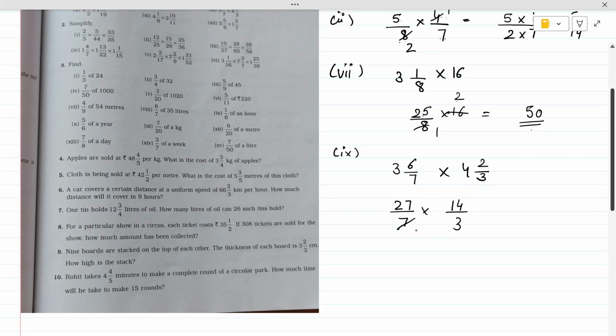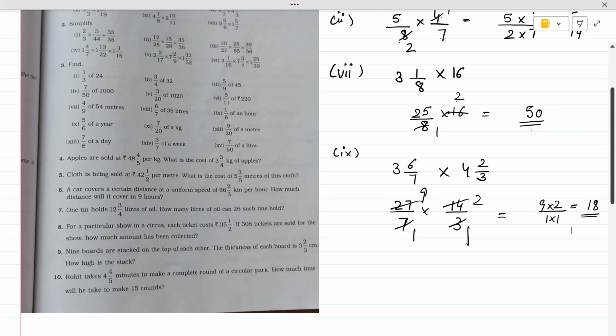So now we have these two as normal fractions. Now let us multiply them. 7 into 1 is 7, 7 into 2 is 14, 3 into 1 and 3 into 9. So in the numerator we have 9 into 2, in the denominator we have 1s only. So the answer is 18 here.